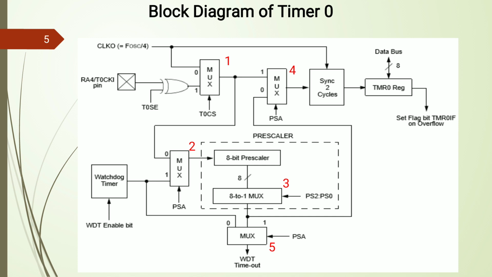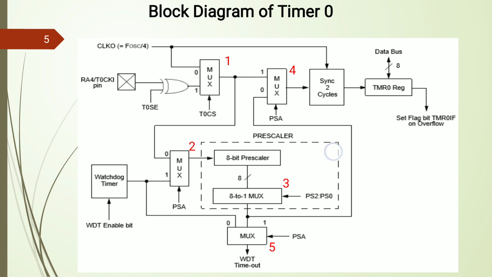So the working of Timer 0 is based on the mux sequence, that is MUX 1, 2, 3 and 4, continuously. Here the watchdog timer is disabled. So this is related to case 1.